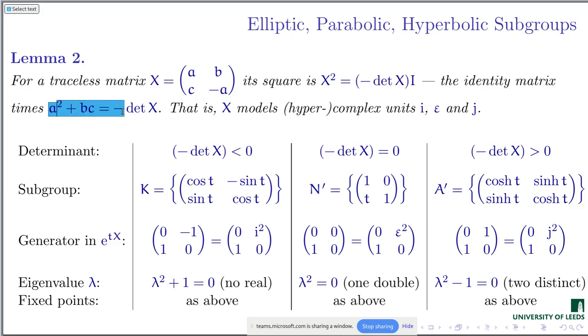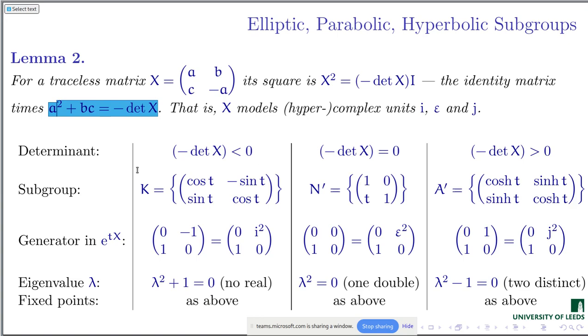This value is again like the discriminant of a quadratic equation, so it has a similar form. So we correspondingly get the identity matrix times a certain value. So that 2 times 2 matrix X behaves very much like one of these hypercomplex units i, epsilon, or j, which we have seen before.